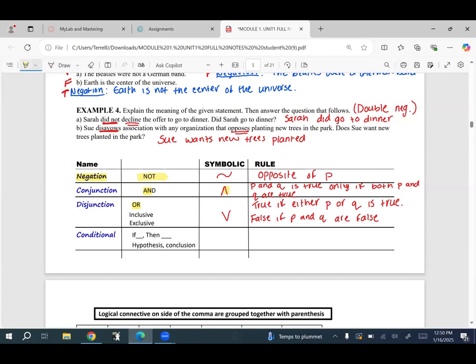Okay, and then the last one we're going to discuss. Sorry, guys, I'm trying to highlight that I want you to know all these rules.